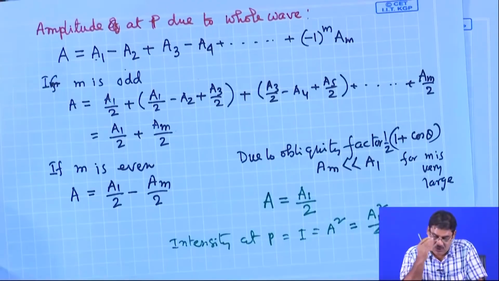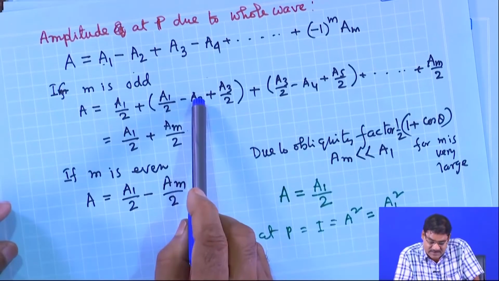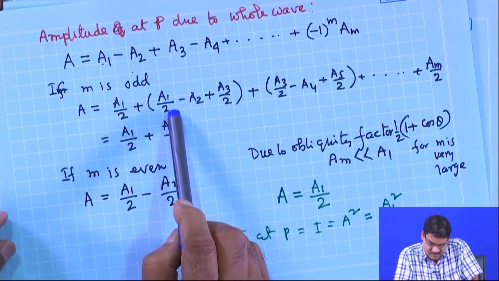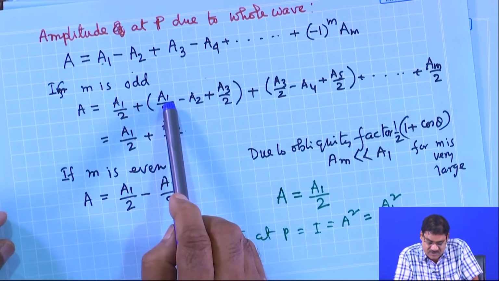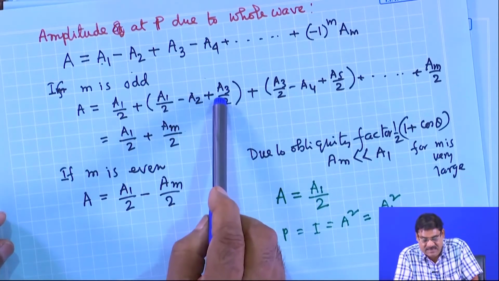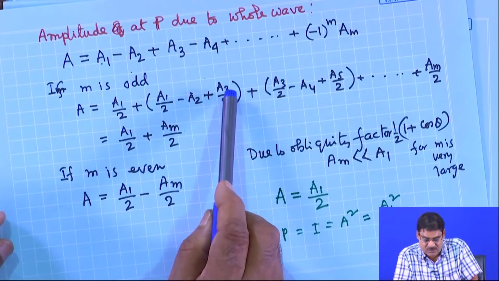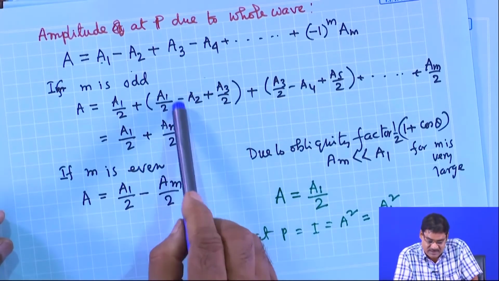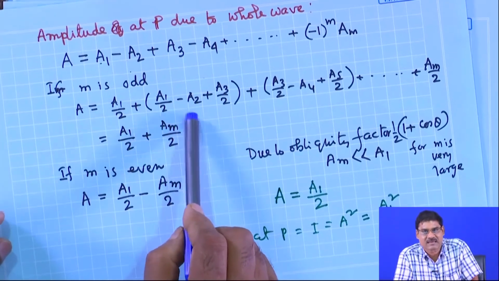Here, half of the amplitude from the first zone and half of the amplitude from the second zone, on average, will equal the amplitude from the second zone.